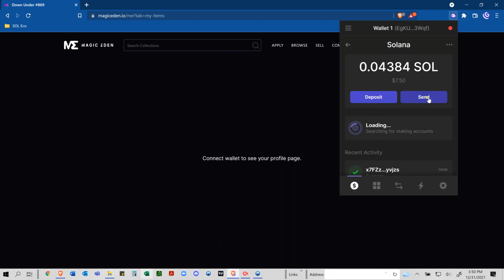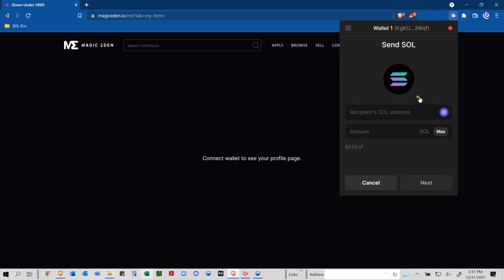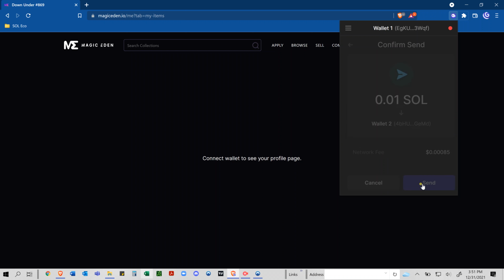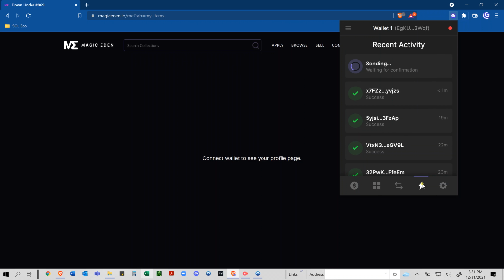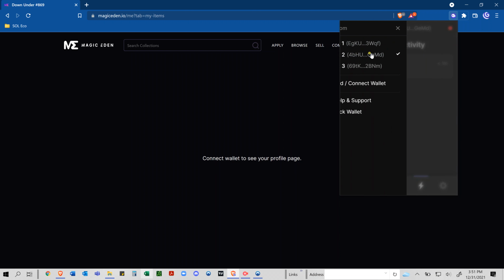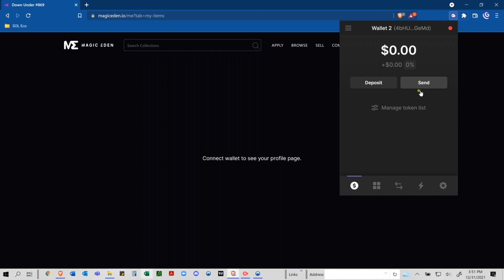Same thing if we want to send any tokens or coins. I'm going to send a little bit because I've got to get that one back. I'm going to end up burning this wallet. So I'm going to send 0.01 SOL, network fee, done. Waiting for confirmation, sent.